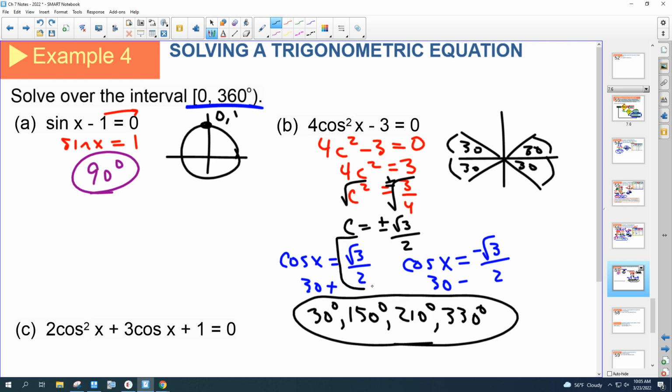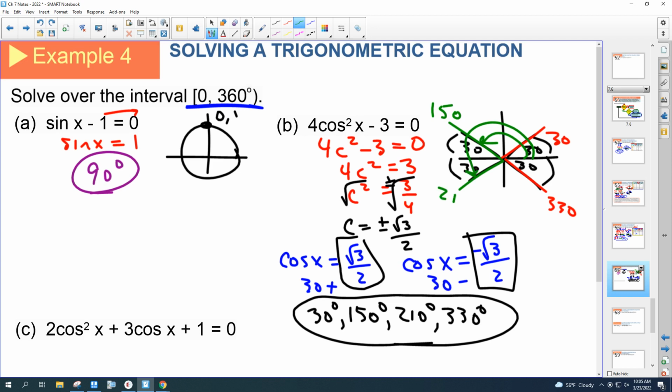I've got to see where cosine is equal to positive square root of 3 over 2, and then I've got to come back and see where cosine is equal to negative square root of 3 over 2. So the positive answers here and here, that's 30 and that's 330. The negative answers, where cosine is negative, where x coordinates are negative, is over here. This is 180 minus 30 is 150, and this is 180 plus 30 is 210. We've got four answers. The red ones are where cosine is the positive version. The green ones are where the cosine is the negative version.